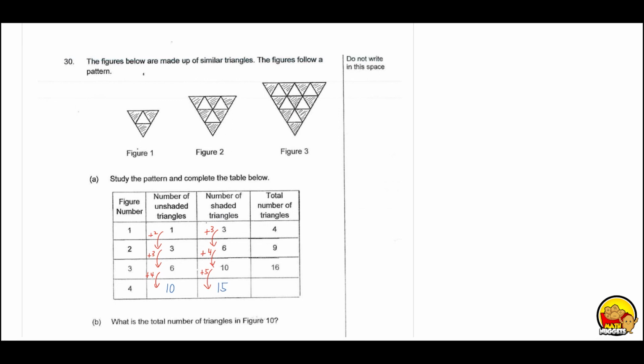And the total number of triangles, from 4 we plus 5 to get 9. 9 we plus 7 to get 16. So the next one would be plus 9 to get 25.